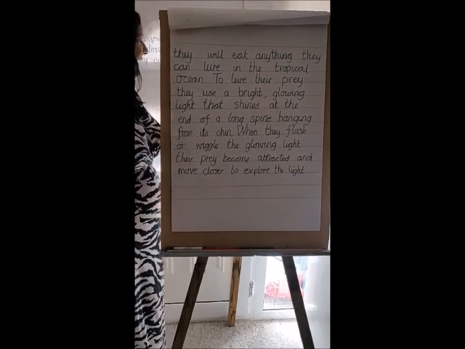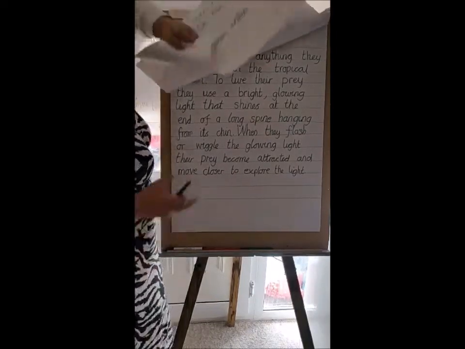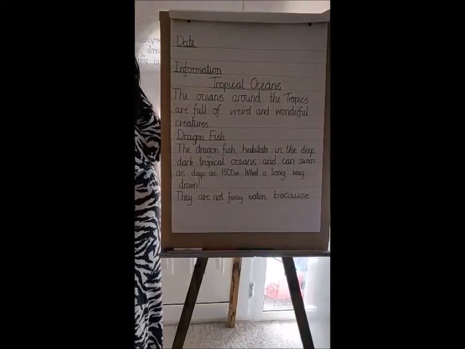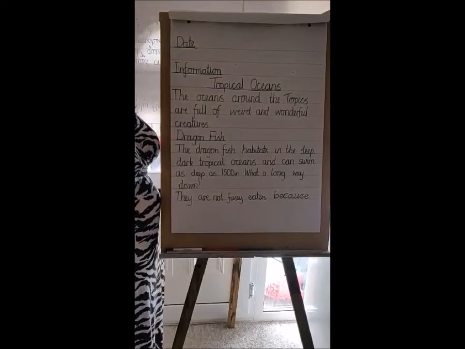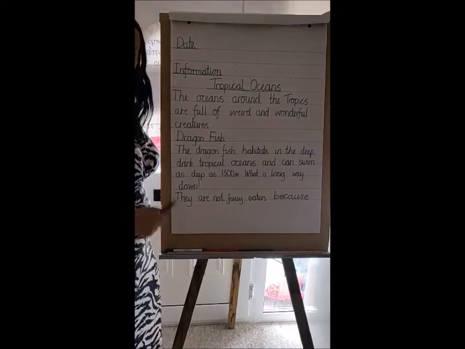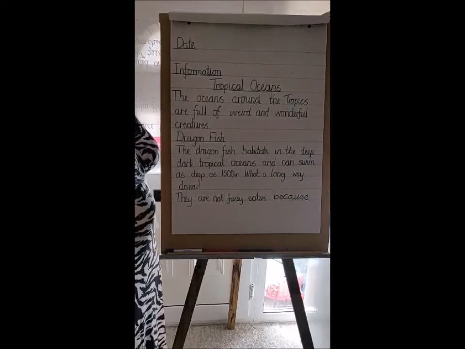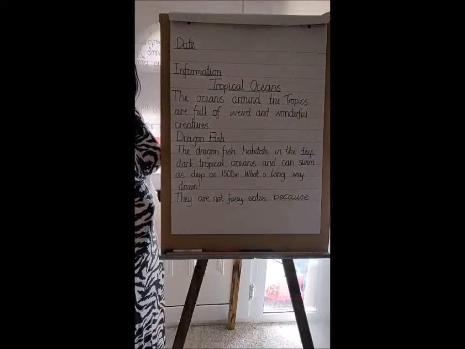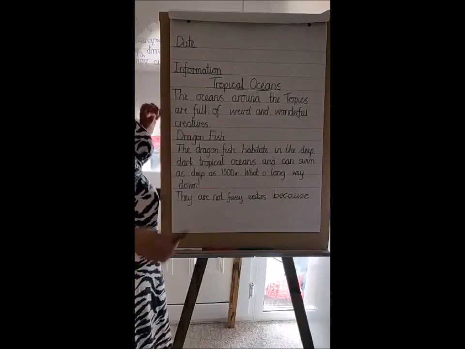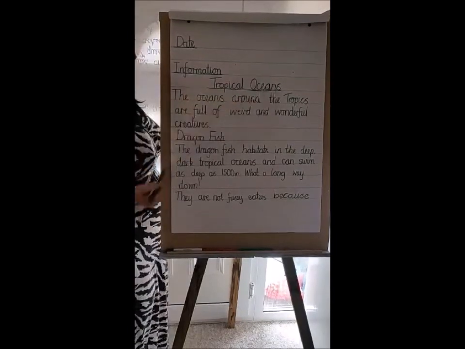Brilliant. So let's have one quick read through. Make sure we get these lovely conjunctions in. These full sentences. Stop being lazy, please, guys, with your capital letters and full stops. We must get them in. You're going to be in year 3 soon. You can do it. I know that. So let's do it. Tropical oceans.